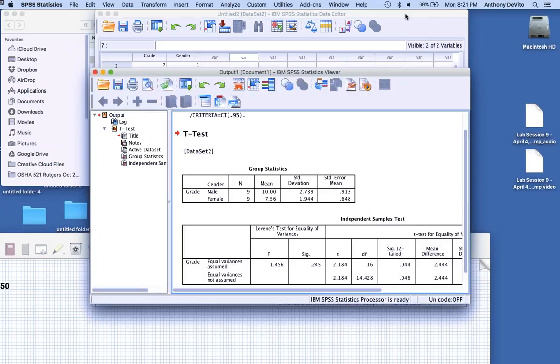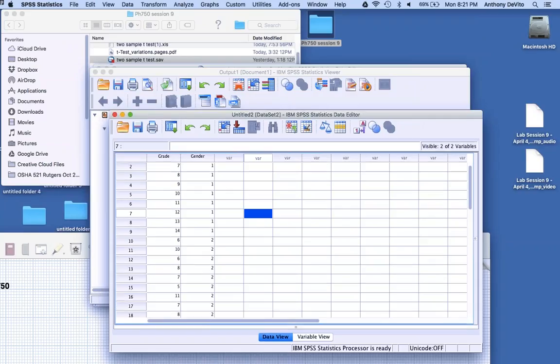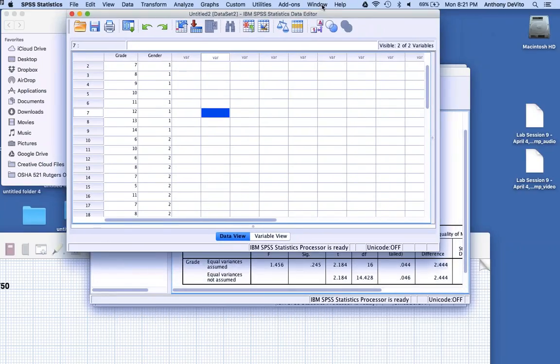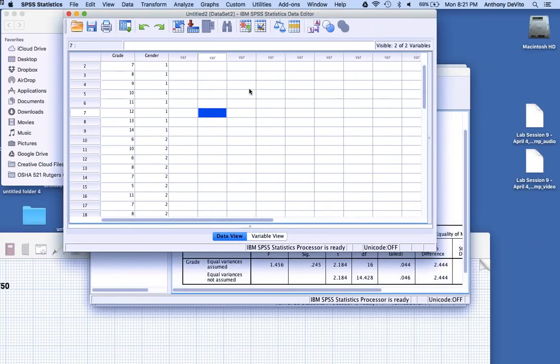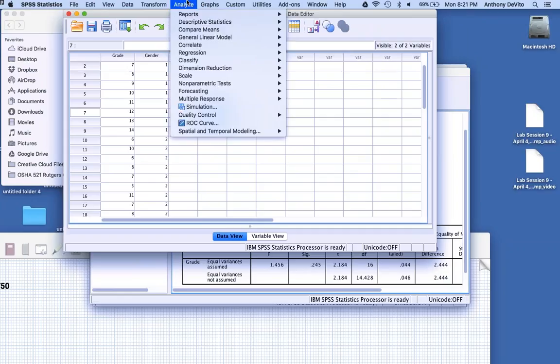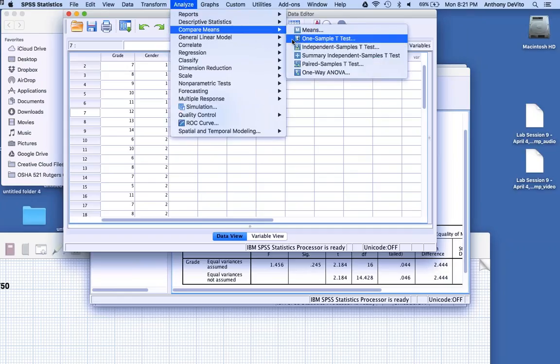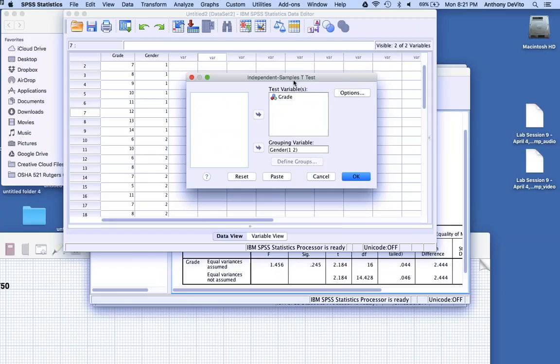I clicked OK. I'll go back and do it again. I'm sorry. Let me go back again. Analyze, compare means, independent samples t-test. I put grade into the test variable because that's what I'm finding the means of, and into the grouping variable, I put gender. I want to separate that into the 2 groups.